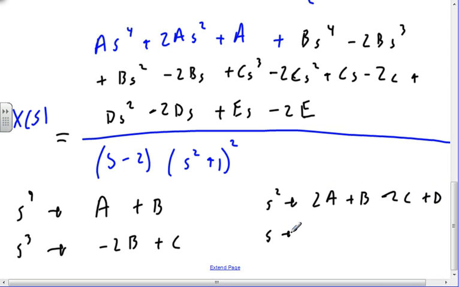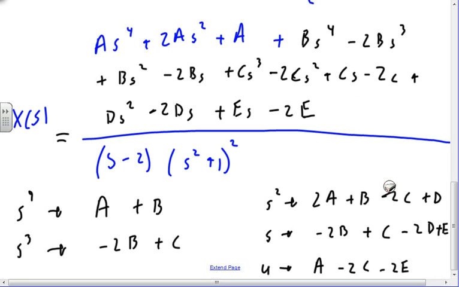The s term, minus 2b plus c minus 2d plus e, and then there's the unit term, a minus 2c minus 2e.